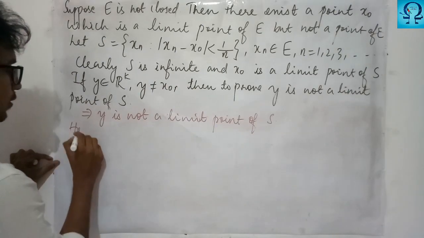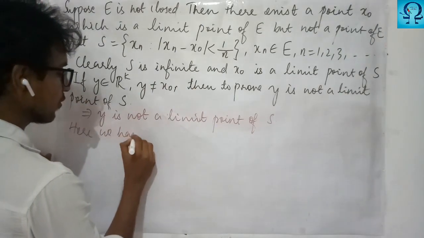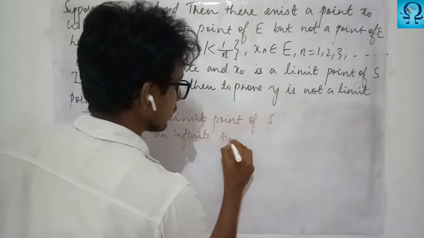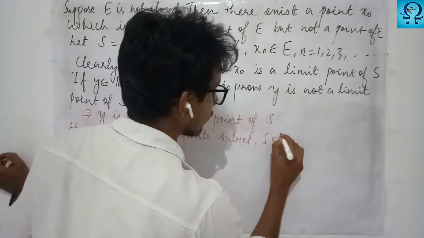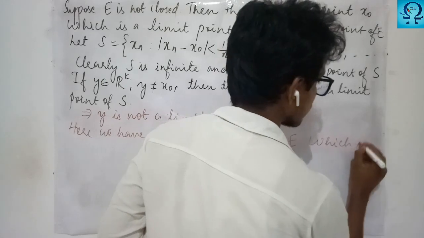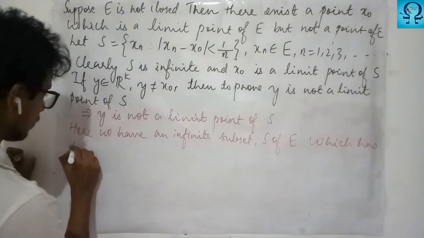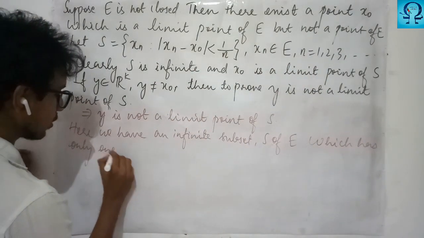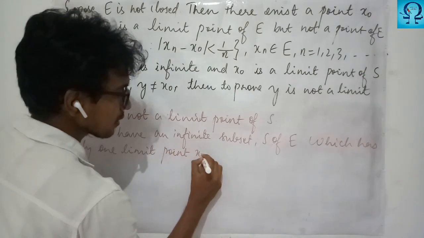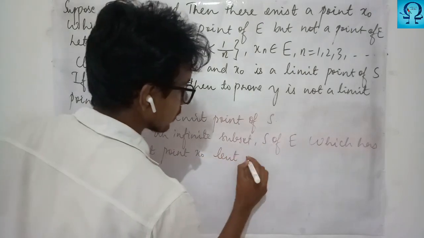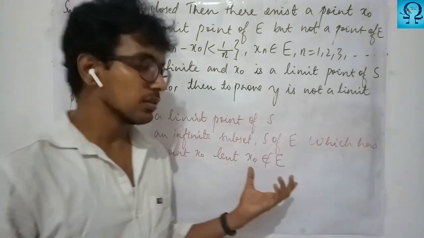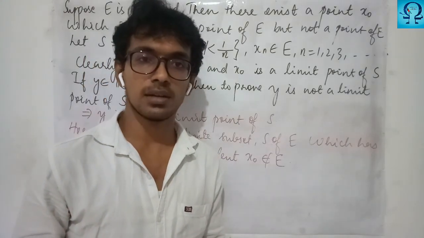Okay, here we have an infinite subset S of E, okay, which has only one limit point x naught, but x naught is not a member of E. This is a contradiction to our assumption, right?